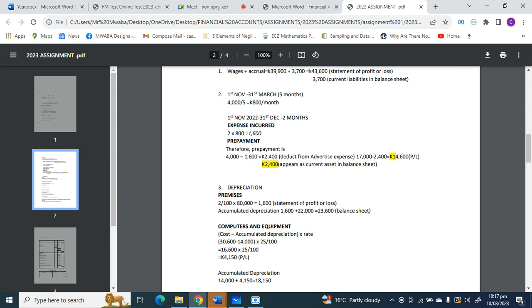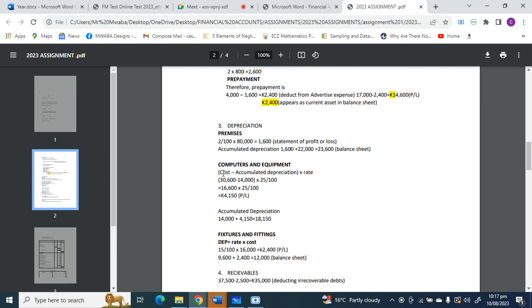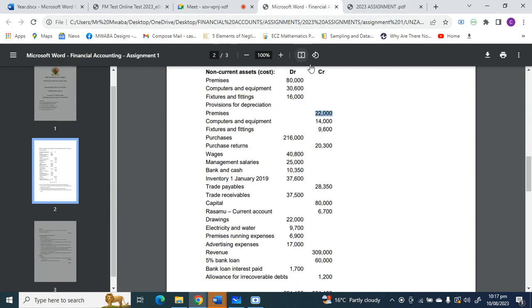Computers and equipment, they told us depreciation is using the reducing balance method. This is the formula for the reducing balance method: cost minus accumulated depreciation times the rate. The cost of computers and equipment, 36,600.